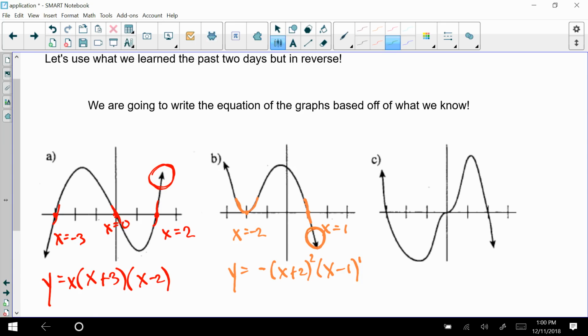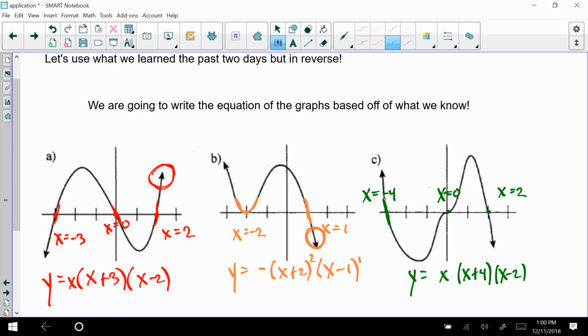And if we do one more, I look at my roots here. I have x equals -4, x equals 0, and x equals 2. So in terms of an equation, I have x plus 4. I have an x, that's the 0, put it out front, and I have an x minus 2.